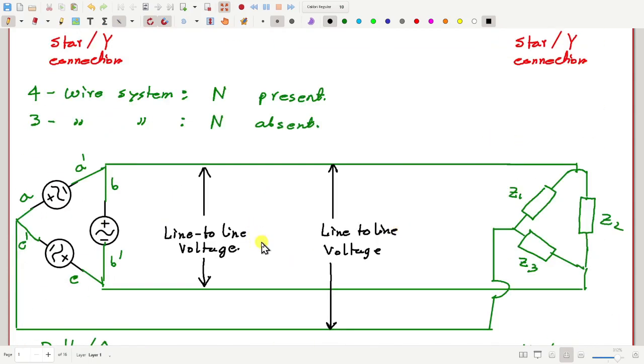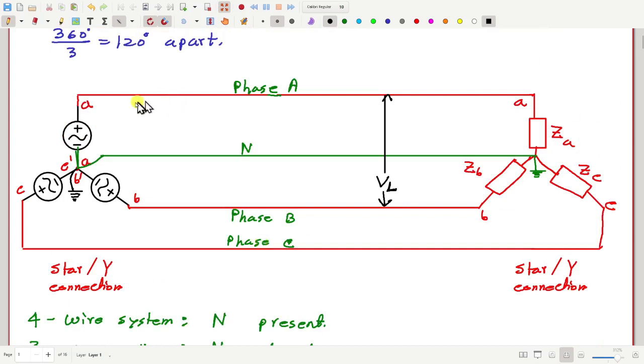And then the voltage between one line and the ground is called phase voltage. So this is a phase voltage. Also this, from here to here, is called phase voltage.